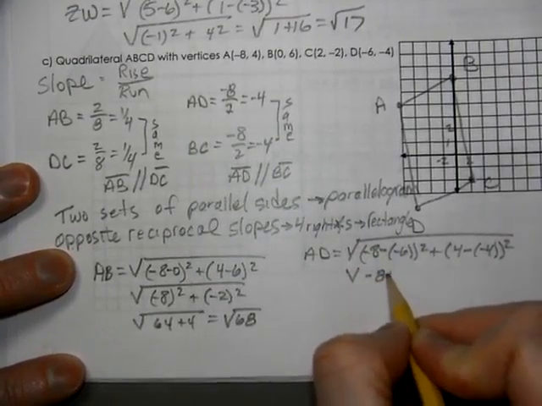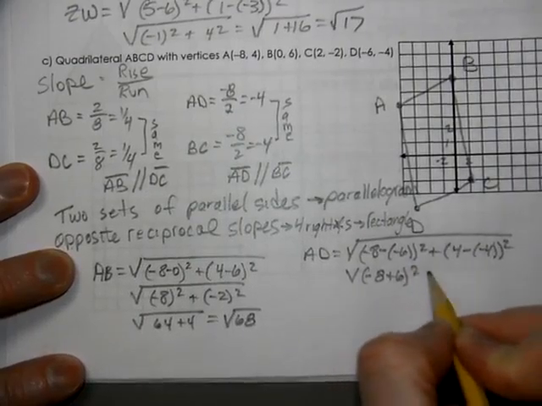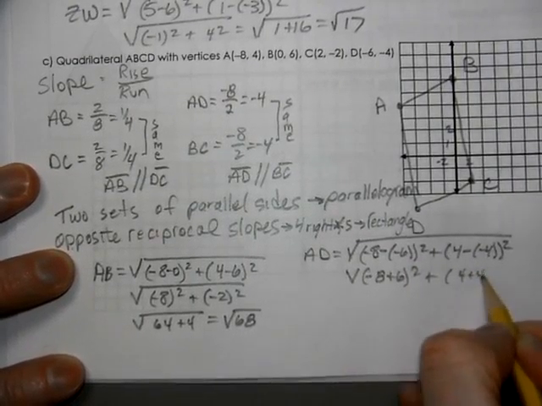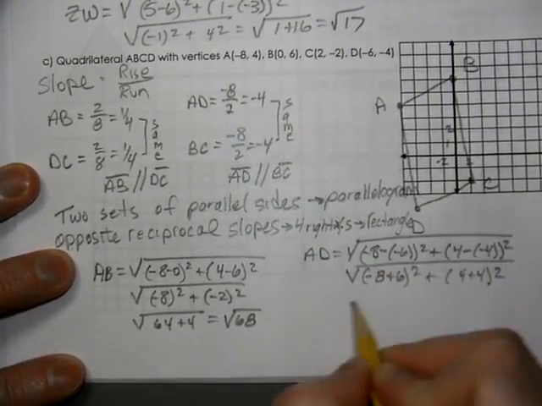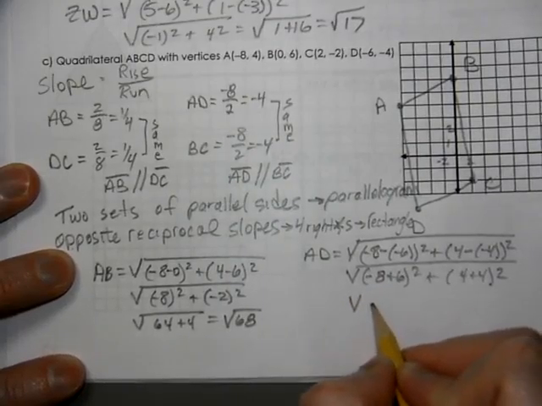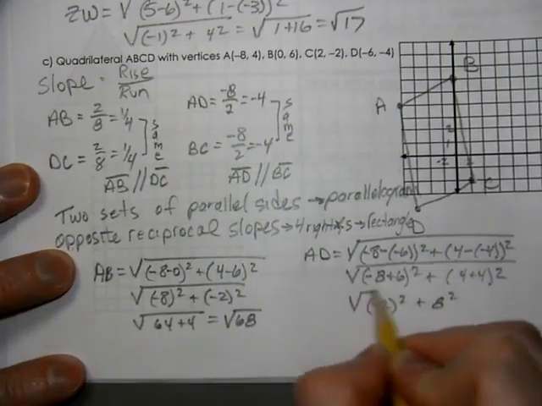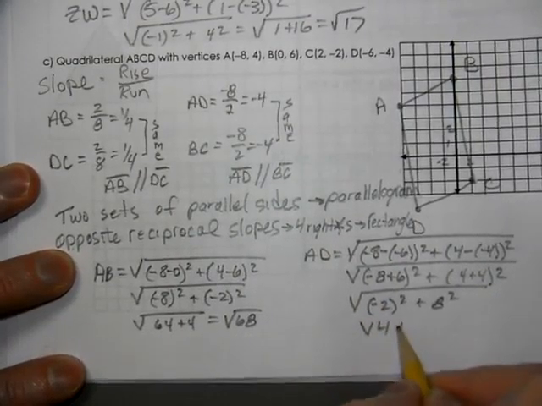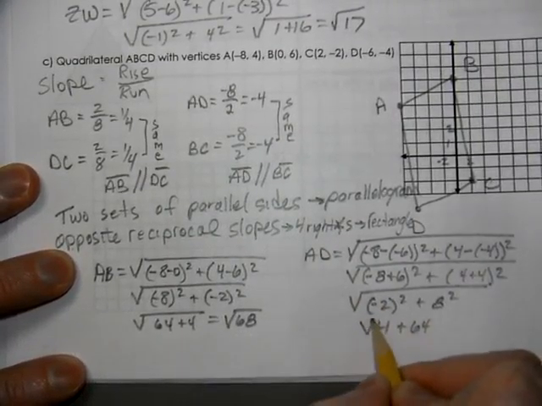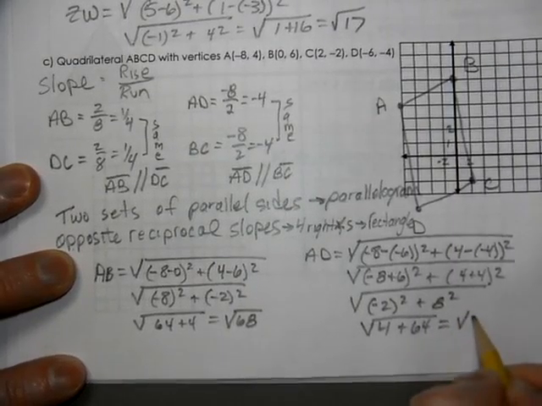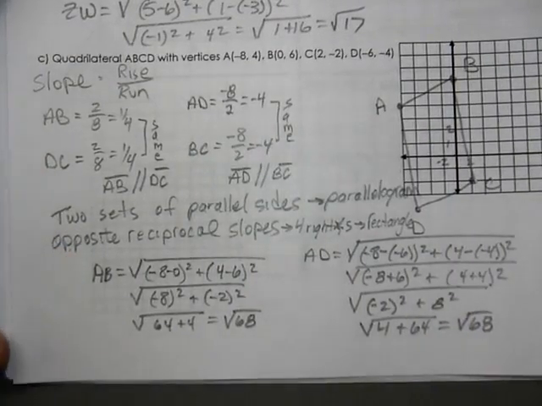That gives us negative 8 plus 6, 4 plus 4, gives us negative 2 squared and 8 squared. 4 plus 64, look at that, square root of 68.